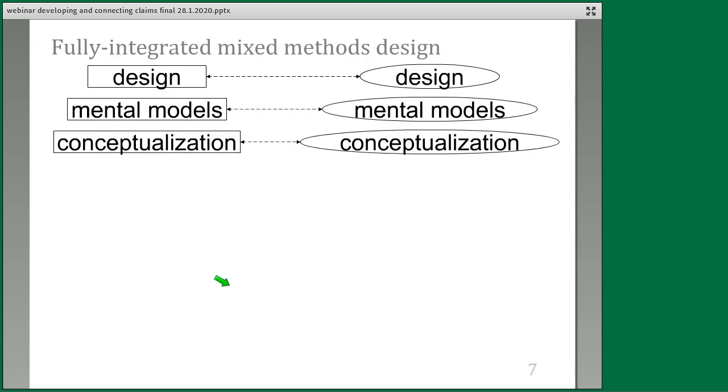And we can also put them into the whole of a mixed methods study.